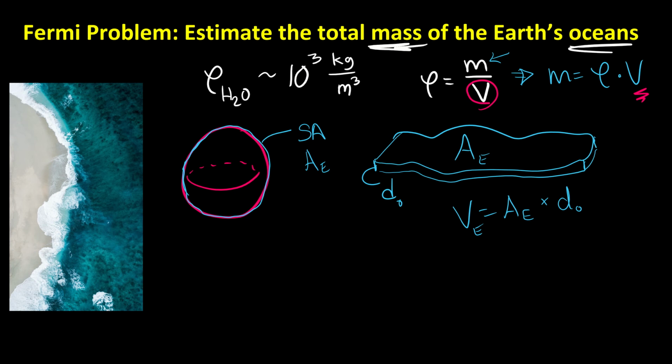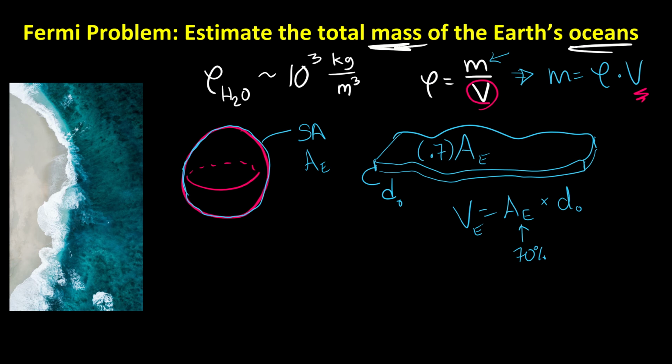So I'm going to maybe say 70% of the area of the Earth times that depth is going to be the volume of the ocean. Okay, so I'm going to take 0.7 times A_E, the area of the Earth, times the depth. Okay, so now I have a plan.